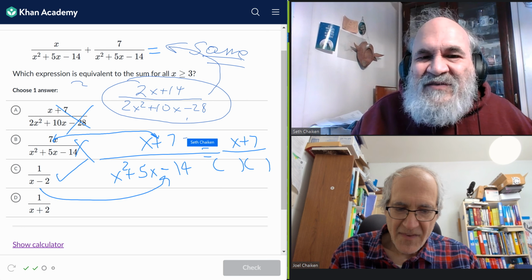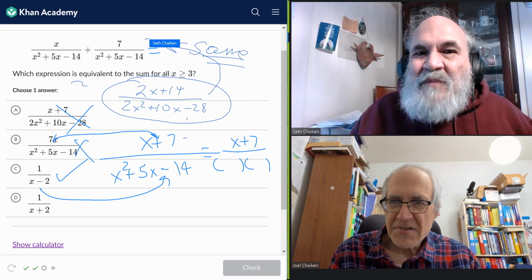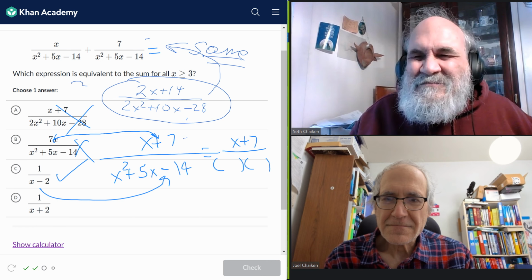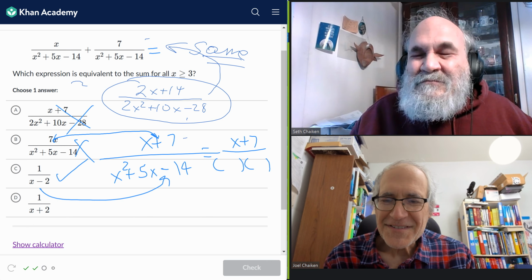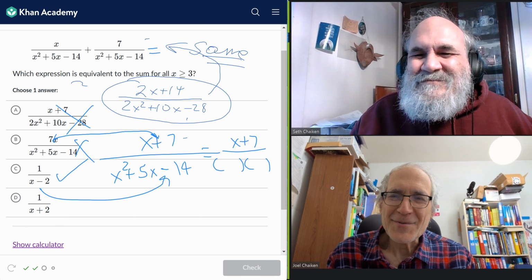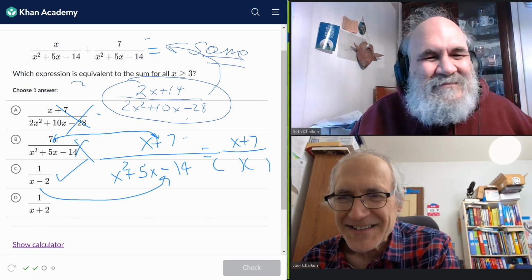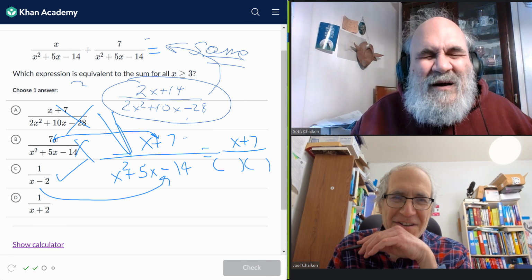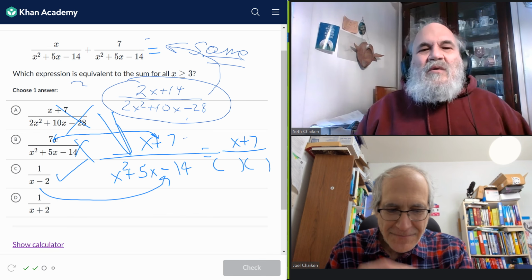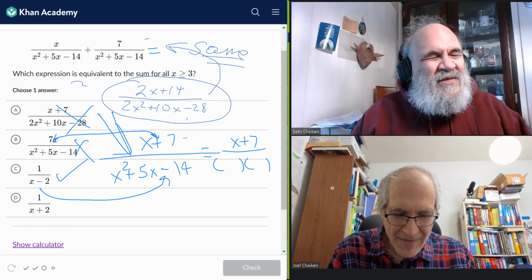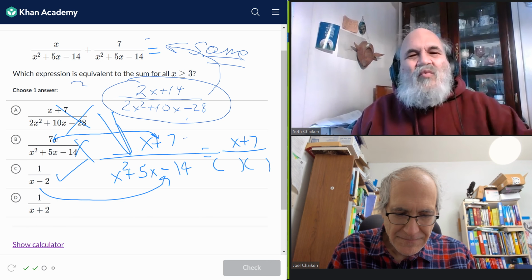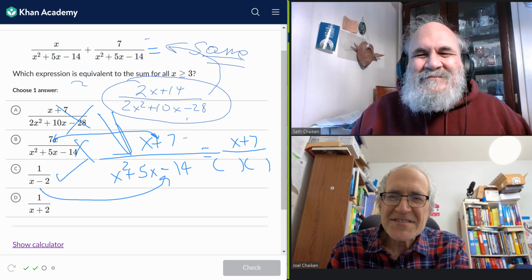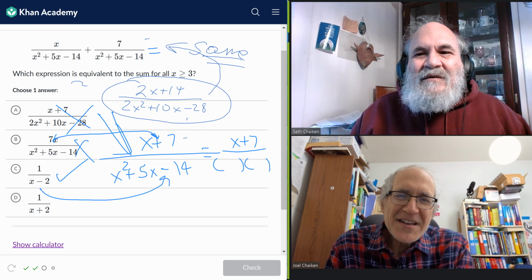But because of algebra, they are the same. A key thing in this subject is, what does sameness mean? Okay, let's not get so pedantic.